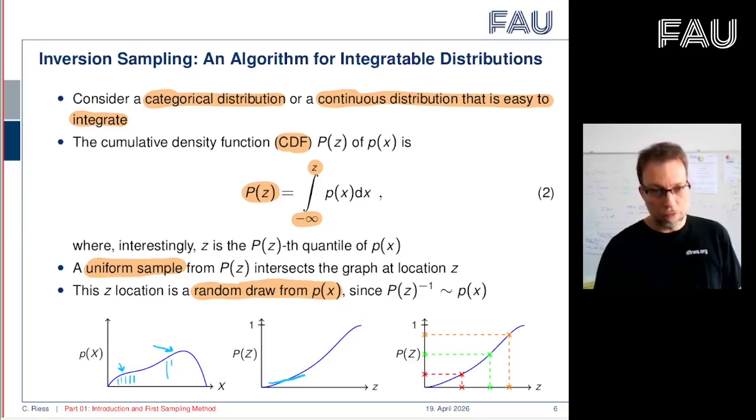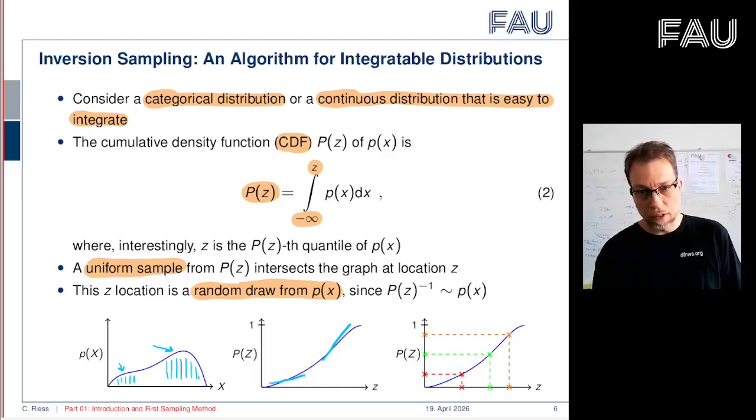If we have more probability mass over here, we have a steeper increase in that function. Okay. And now we said, okay, let's draw a uniformly distributed sample and align it with P of z here. So here are 3 example samples.